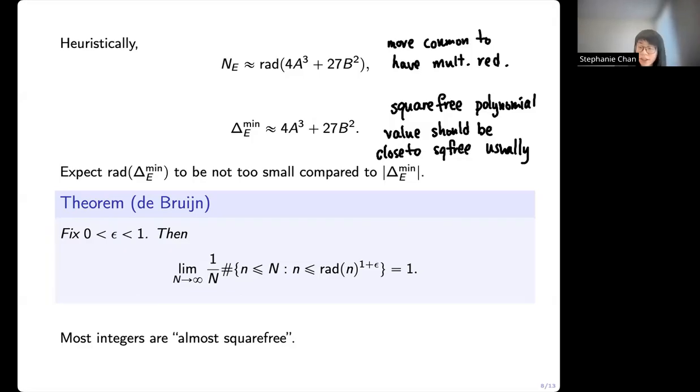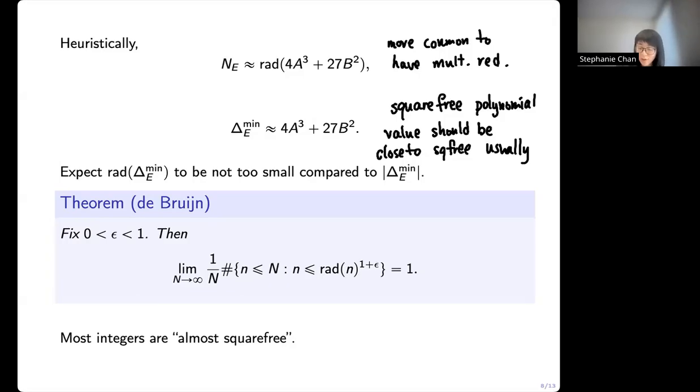So that's heuristically why we expect the Szpiro ratio to be very close to 1 when the polynomial that defines the discriminant is square-free.